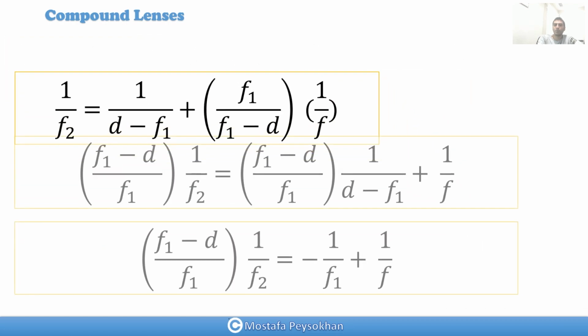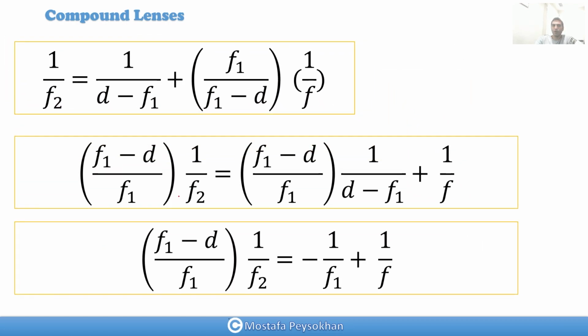From this equation, we multiply both sides by f1 minus d over f1. Then we have f1 minus d over f1 on one side, and because this one is d minus f1 and this one is f1 minus d, they cancel and we have a negative sign here. And we have 1 over f here.